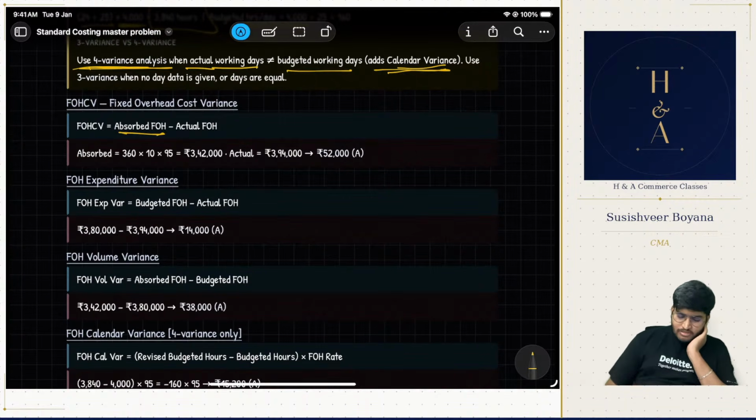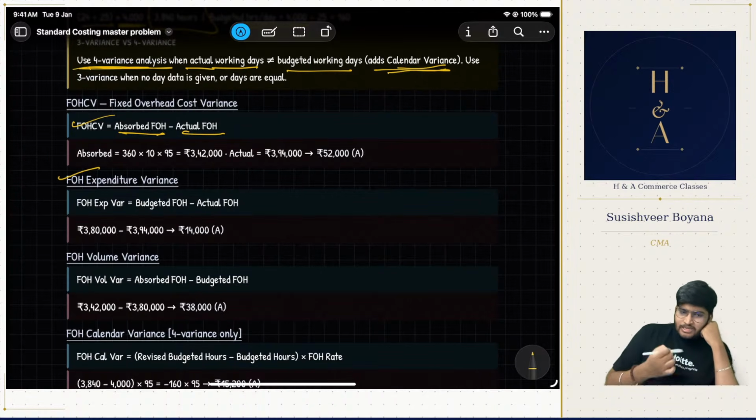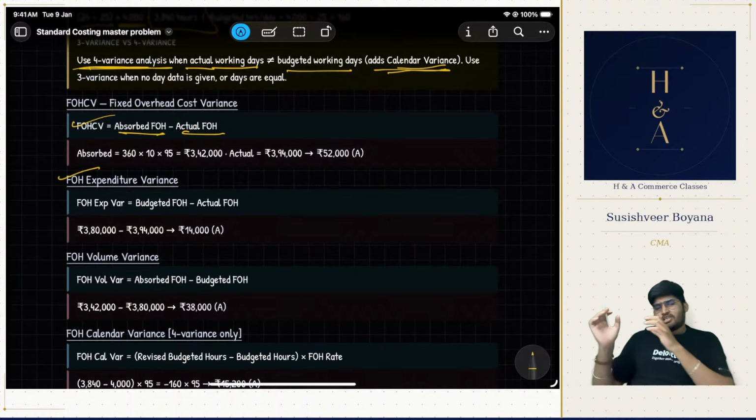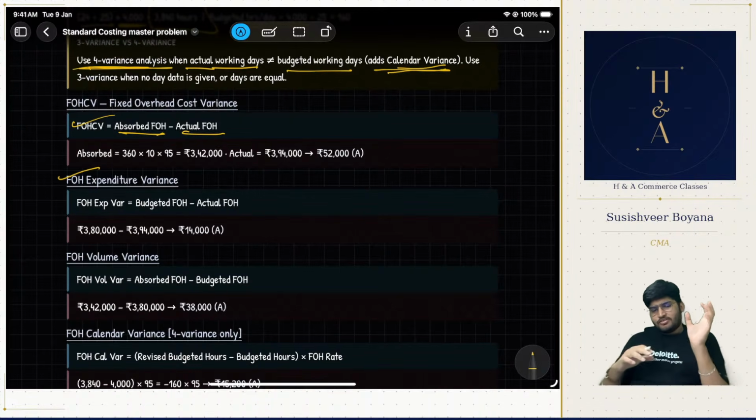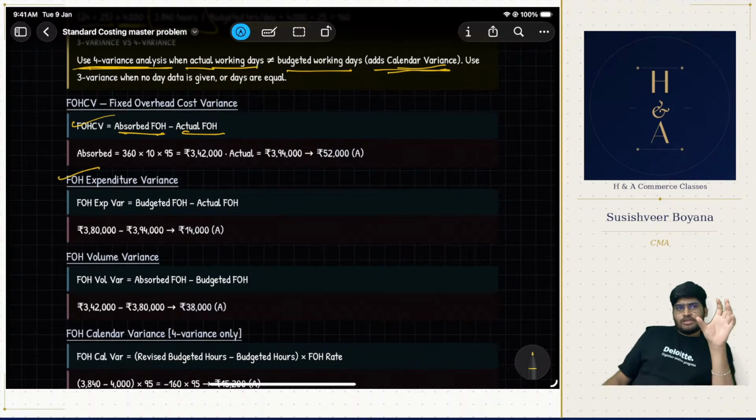Absorbed fixed overhead minus actual fixed overhead. It's pretty common, basic. It's kind of like the standard. Expenditure variance. Sir, I am trying to understand. I've already budgeted for something, but the actual is different. Similarly, for instance, I've already thought the rice is going to be 50 rupees, but the actual was 52 rupees.